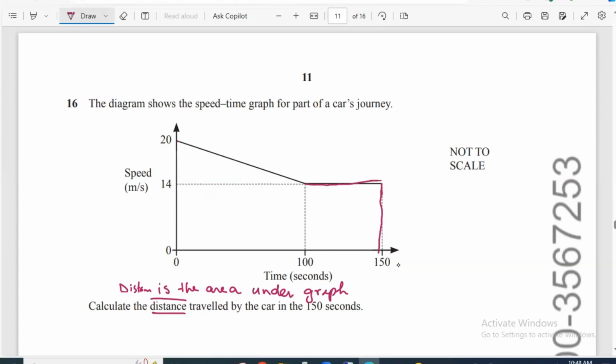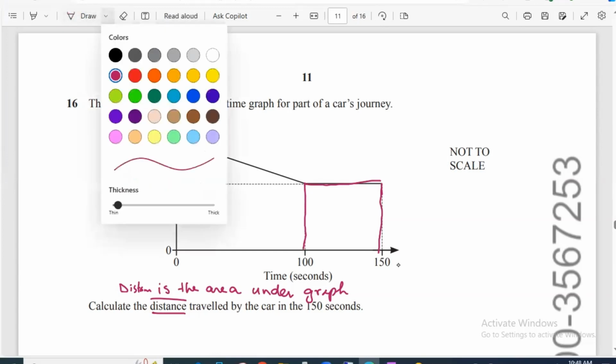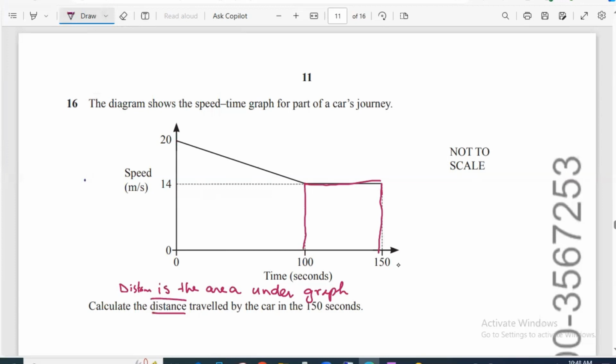There is one rectangle and one trapezium. This is our trapezium. So to find the distance, we have to find the area of the trapezium and the area of the rectangle.